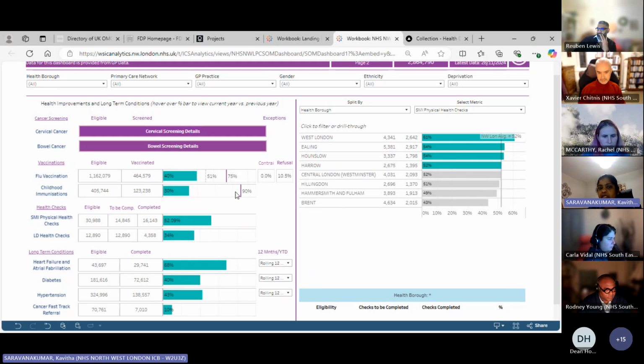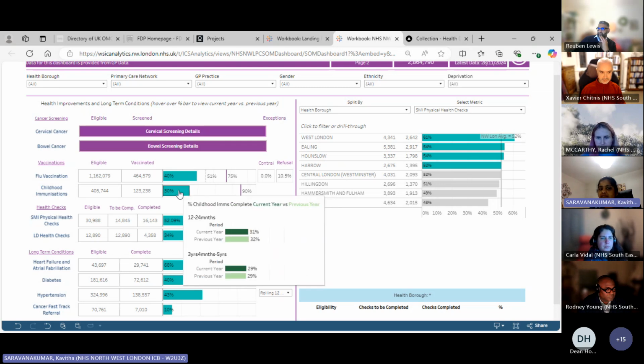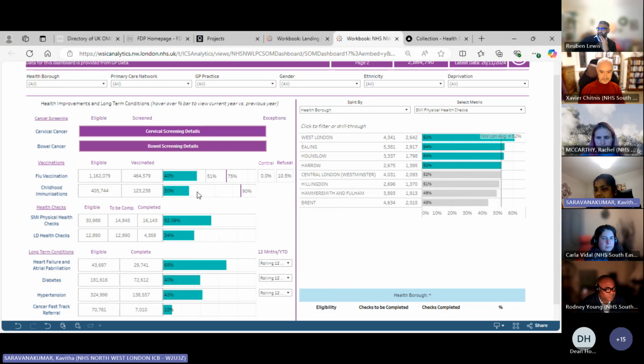It's like a big group, and all of those are taken into account in order to calculate this. And again, there is a very comprehensive user guide that states which immunizations are included as part of this for the users to see. The target for this is 90%. And again, it's just a third of the way, and there is a long way to go according to this dashboard. So they can start to work through that.